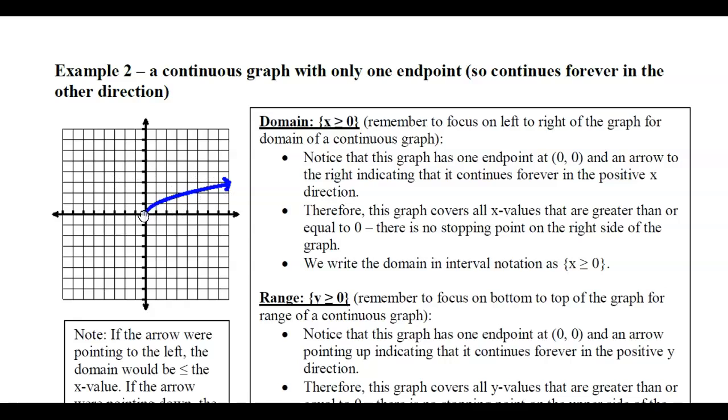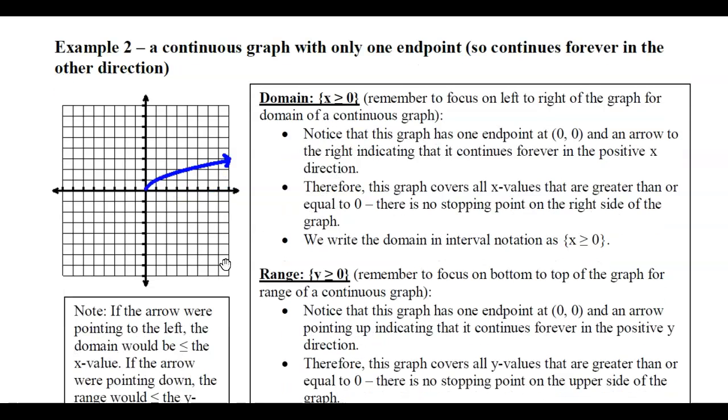Similarly, the range is bottom to top, so the lowest y value is 0, and again, the arrow is going up a little slower on y than on x, so its range is y greater than or equal to 0. Remember, we focus bottom to top.